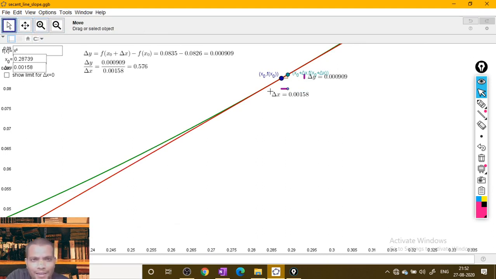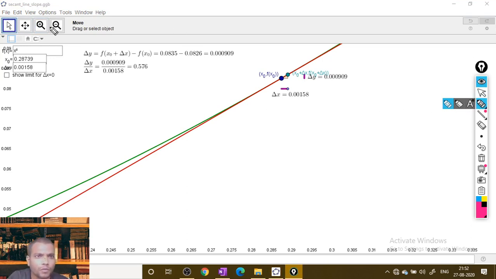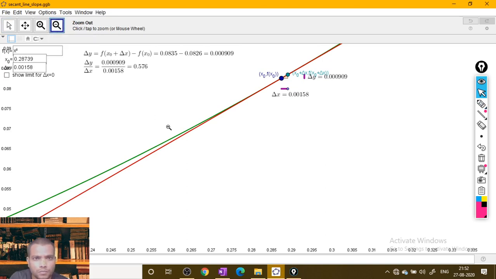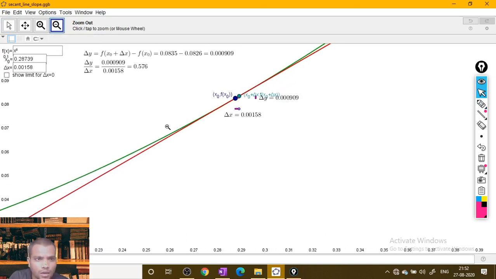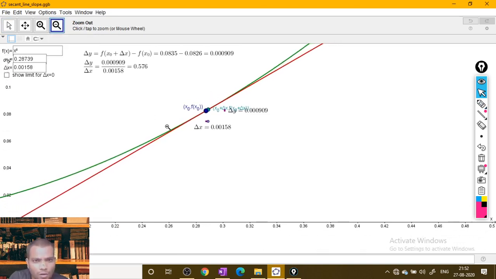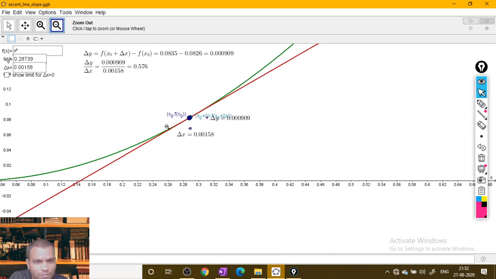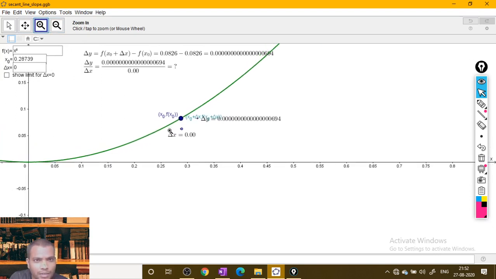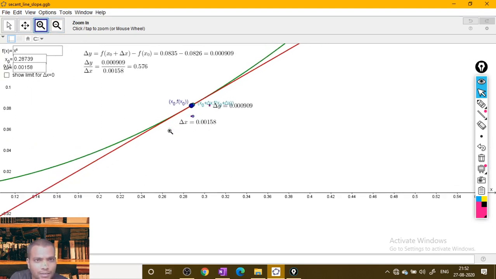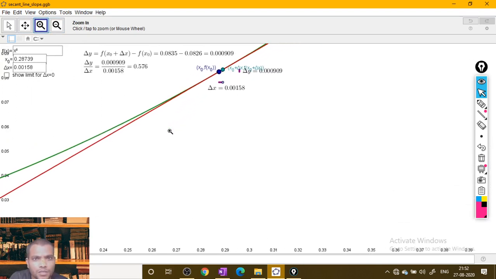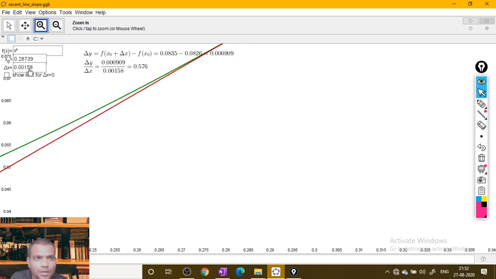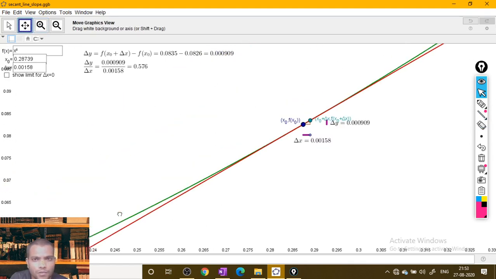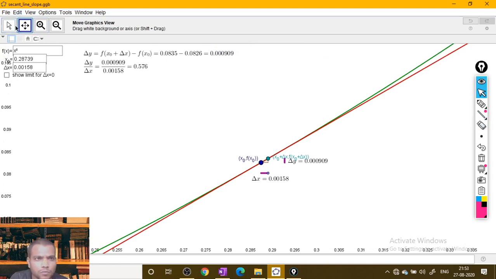We can calculate that slope with the help of the computer. If I zoom out, it appears as a single point, but when I zoom in, these 2 points still appear separate. We can find the slope.